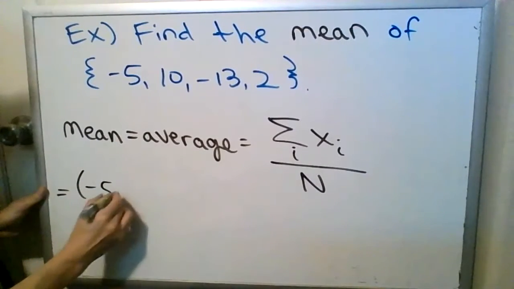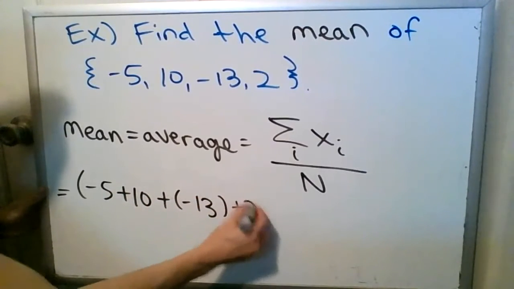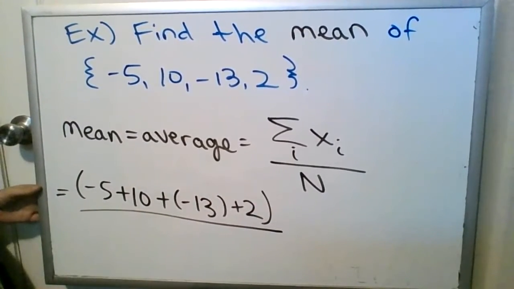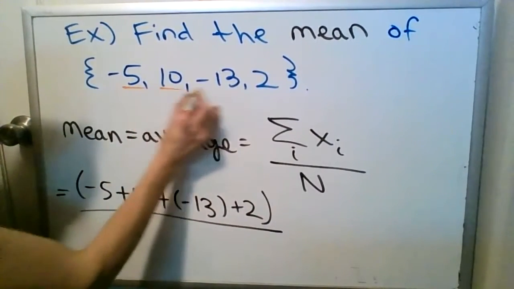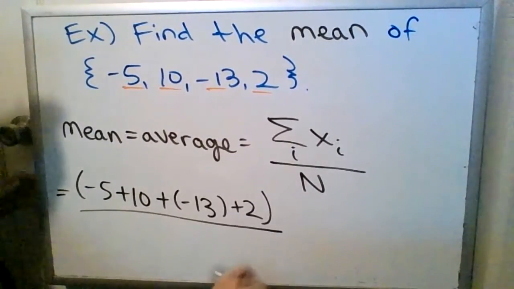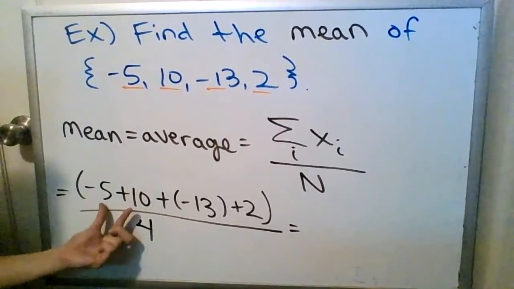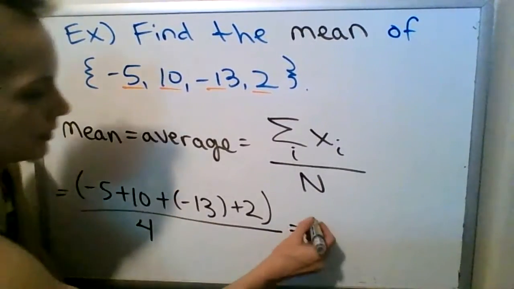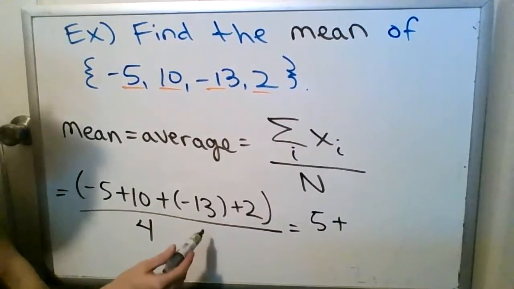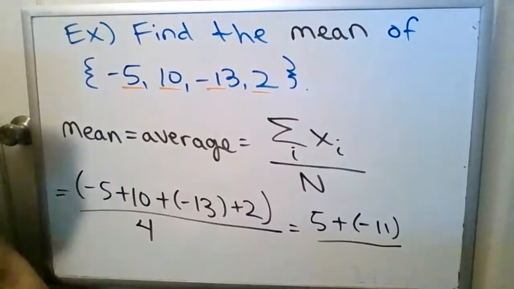-5 plus 10 plus -13 plus 2 over 1, 2, 3, 4. This is 5 plus -11, -11. And it's divided by 4.